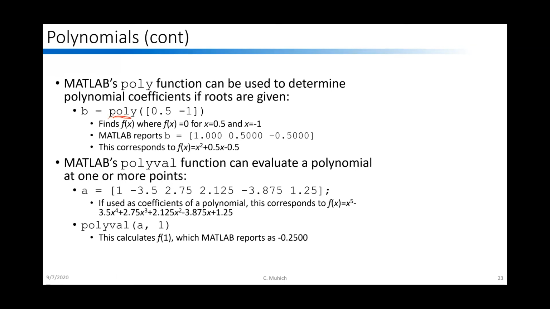This is in essence going backwards, where if we put in those roots, then MATLAB will return in B what those coefficients are in terms of this coefficient vector, which is going to behave just the same as roots does, where it takes that first coefficient that goes in front of that x squared term, 0.5 goes in front of the x term, and negative 0.5 is in front of that x to the 0 term.